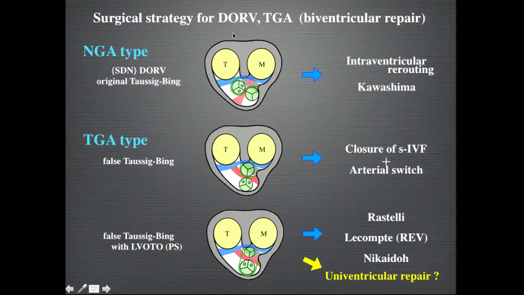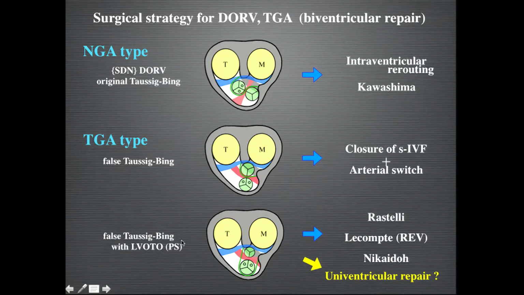And the surgical strategy for biventricular repair: usually for the normal relation of great arteries, interventricular rerouting, and also some long patch inside the right ventricle and the Kawashima method. For the TGA type, closure of the VSD and the arterial switch procedure.